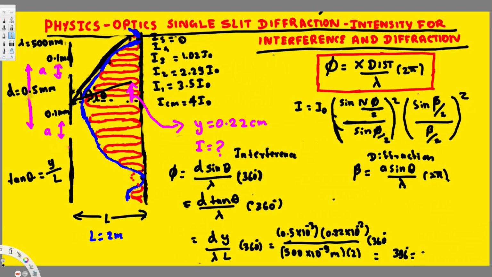In other words you can just say 360 plus 36 is 396 degrees, right? So we can just say 36 degree.